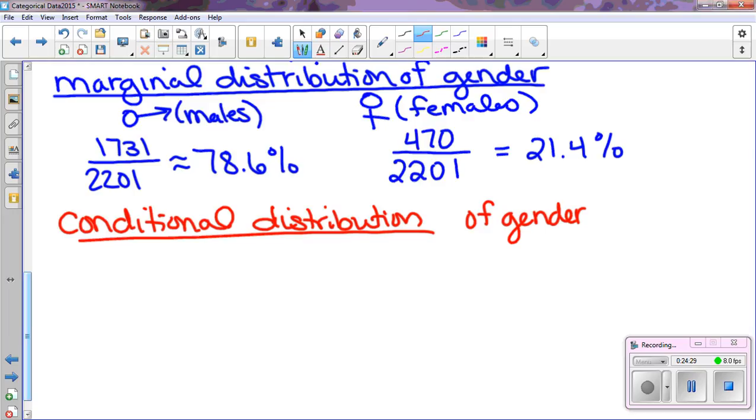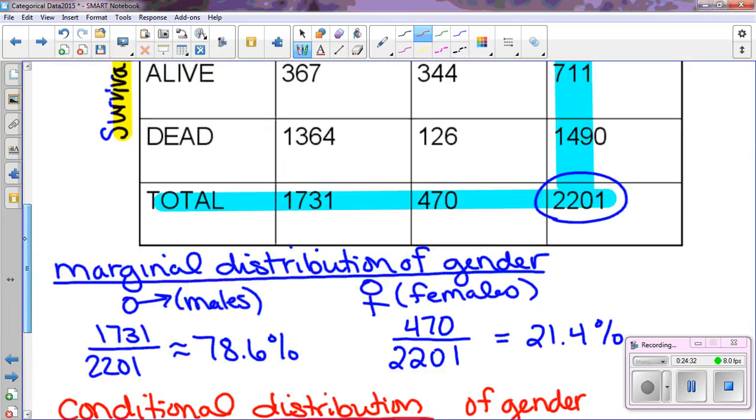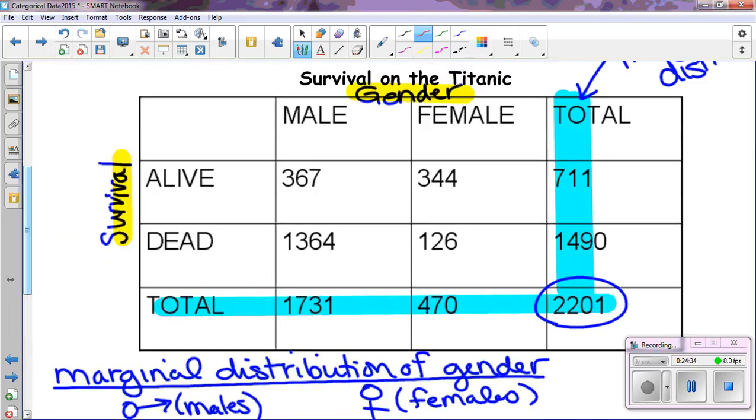Conditional distribution of gender. Well, we have two we could choose. We could be alive or we could be dead, okay? So let's stick with the alive. Notice where I'm at in my table. I'm no longer in the margins.